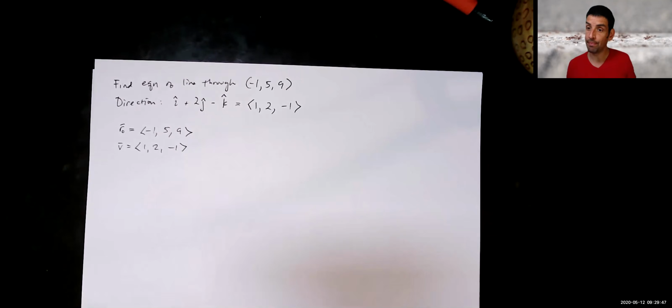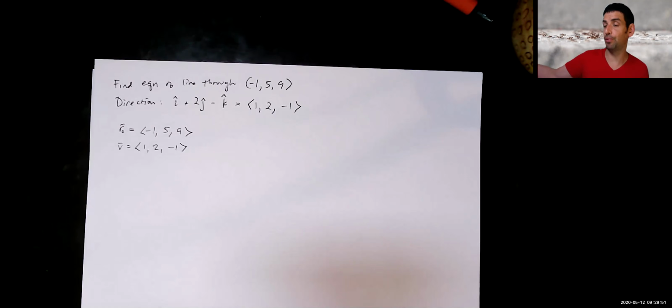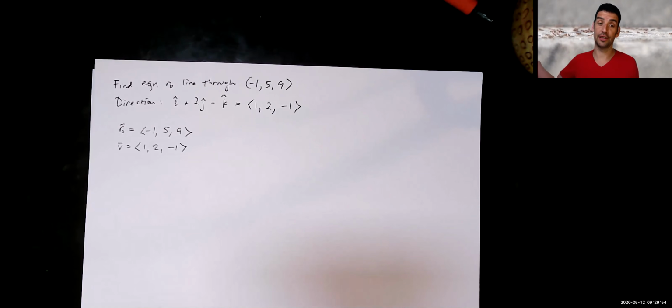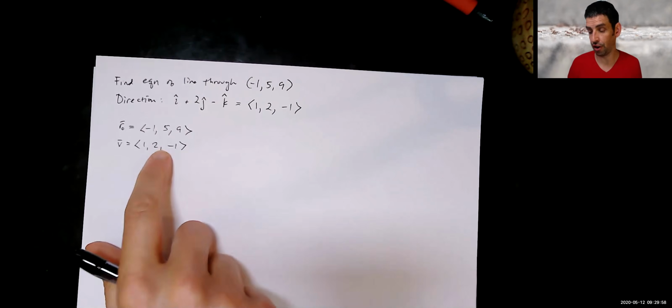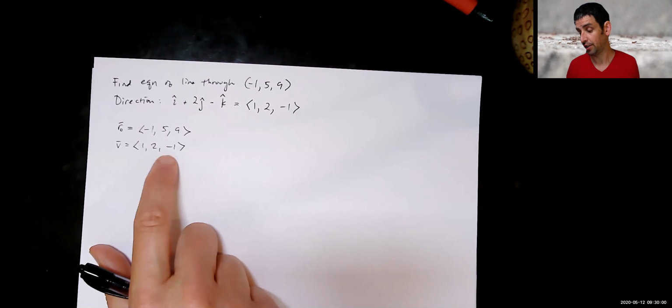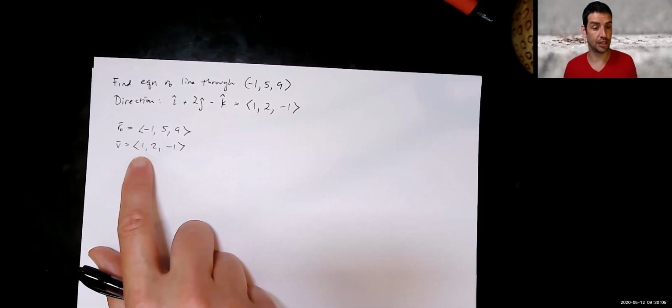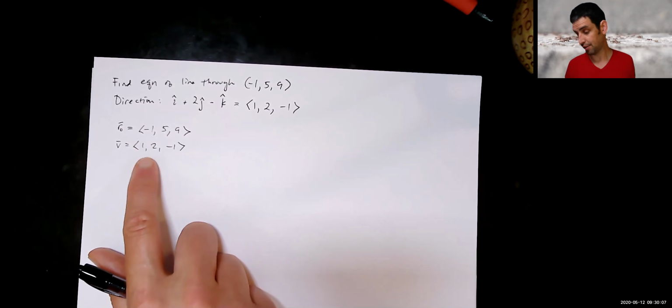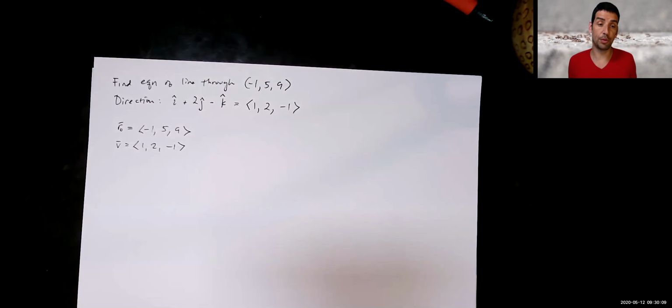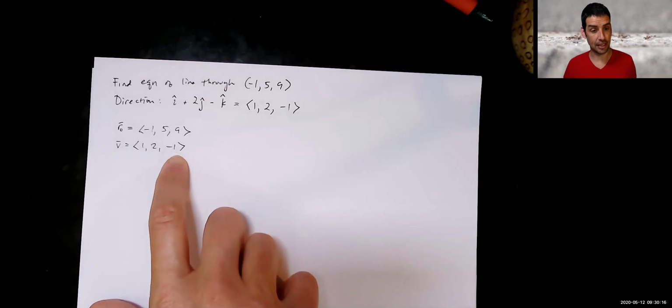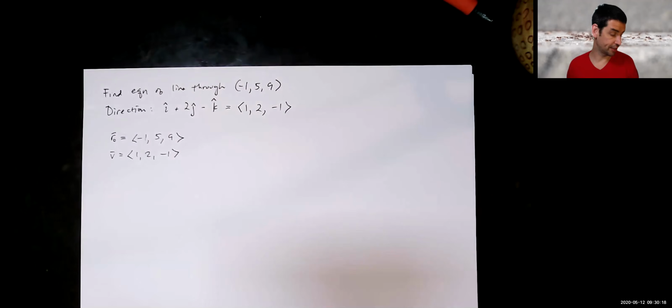Again, I want to point out, both of these are choices, right? We could describe the same line choosing a different point and a different direction vector. The point's just going to have to be any point on the line. The direction vector is always going to be parallel to this, so negative v would also work, 2 times v, 1.793 times v. All of those will work. It will just change which values of t correspond to which point on the line. I'm going to make the easiest choices, use the point given and the vector given.